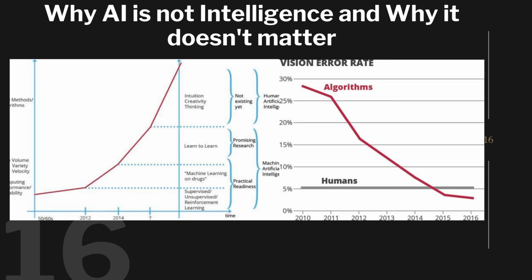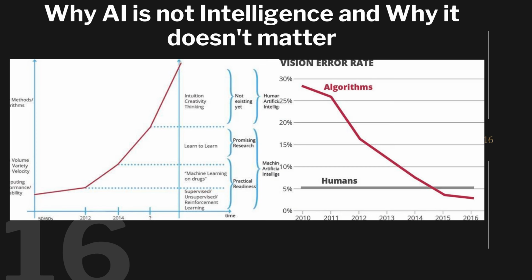But here's the thing: it took us a very long time before your algorithms were able to get lower error rates than humans.